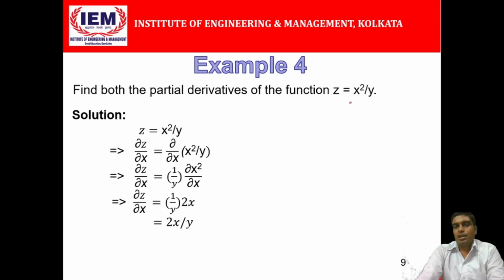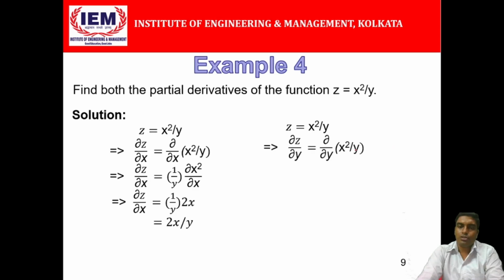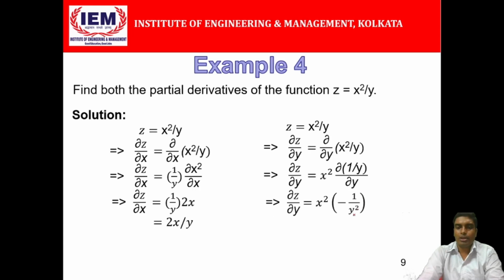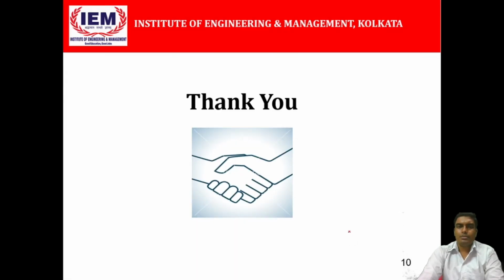Similarly, when I differentiate this function with respect to y partially, x square will be constant, so I can take x square outside of the differentiation. The derivative of 1 by y square with respect to y is negative 2 by y cubed, so the result will be minus 2 x square by y cubed. Okay, thank you.